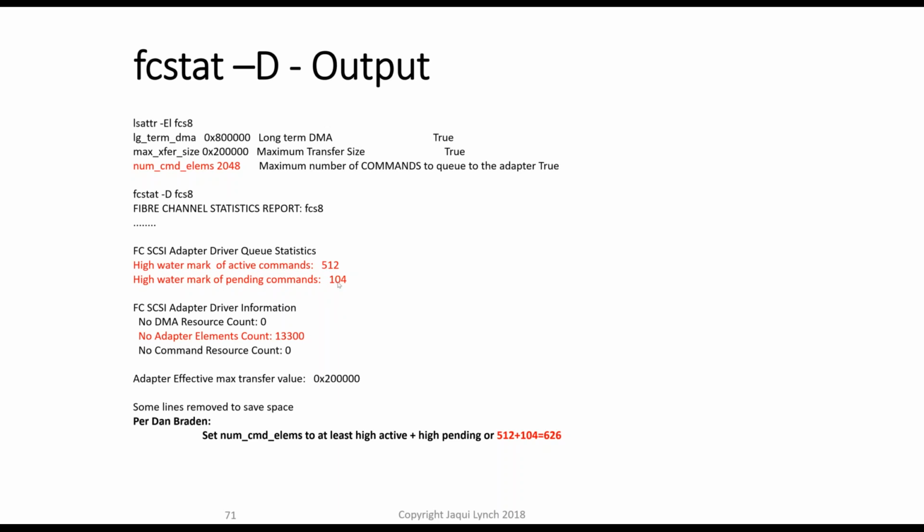Here, 616 is the minimum that I'm going to need to be able to run this workload, because that's my actives and my pendings. And these pendings are what leads to this no adapter elements count. So this gives you an idea of the minimum you need. Me, I'd just make that 1024.